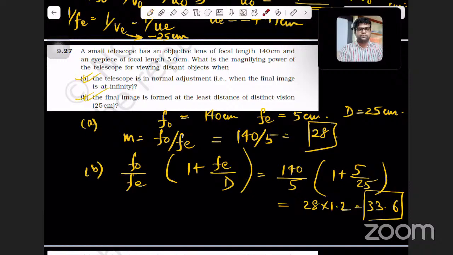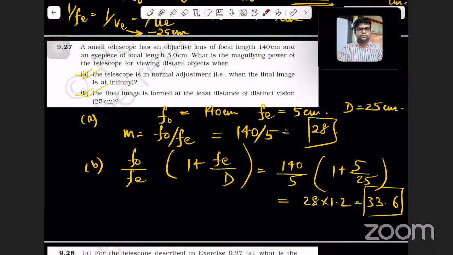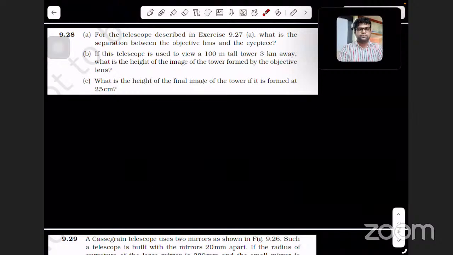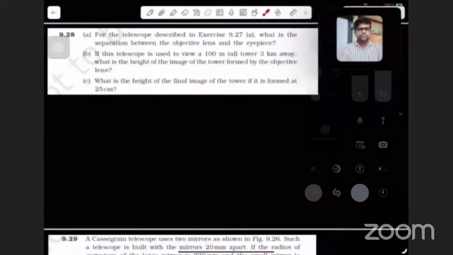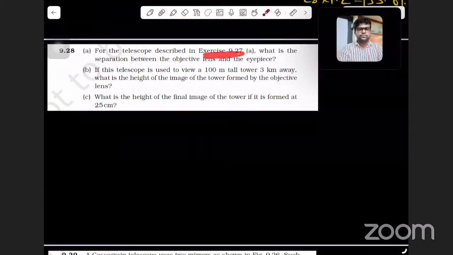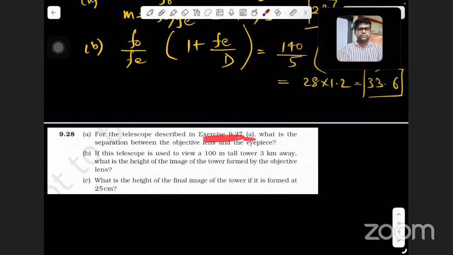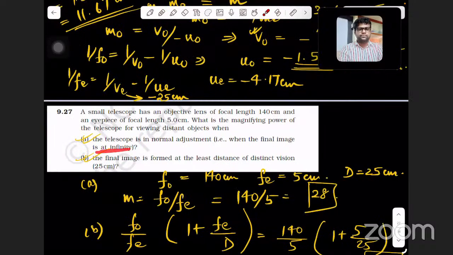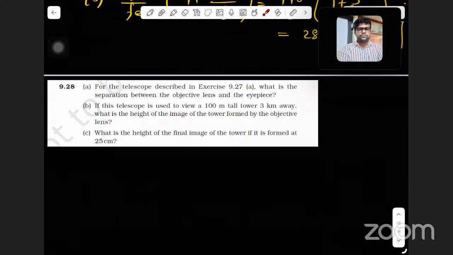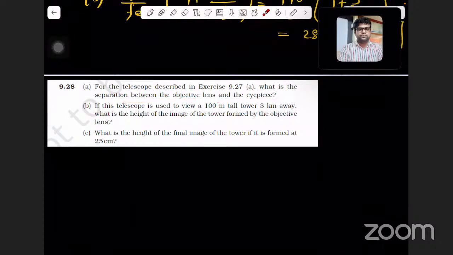Great. So let's move on to question number 28. For the telescope described in the previous exercise, (a) when the image is formed at infinity, what is the separation between the objective and the eyepiece?